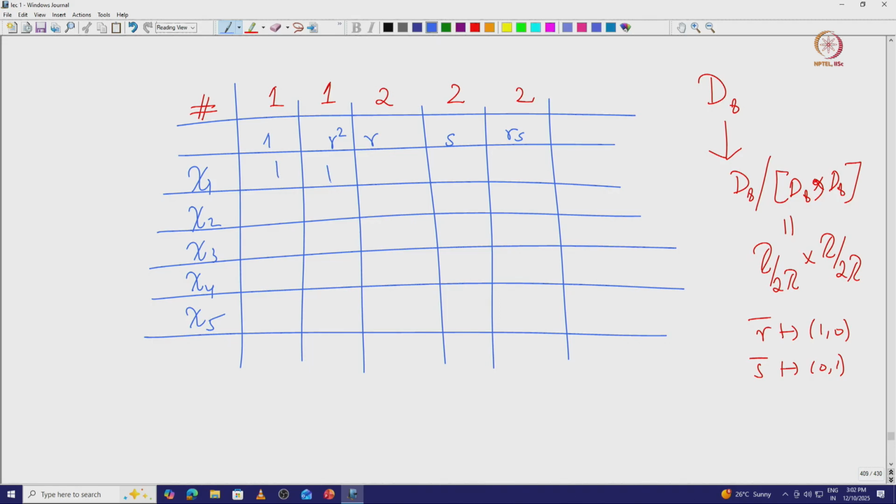So, you get 1, 1, 1, 1 corresponding to the trivial, and because these are in the kernel, for these 4 one-dimensionals we have 1, 1, 1 for the identity and R squared. And for R we can make a choice of either -1 or +1.